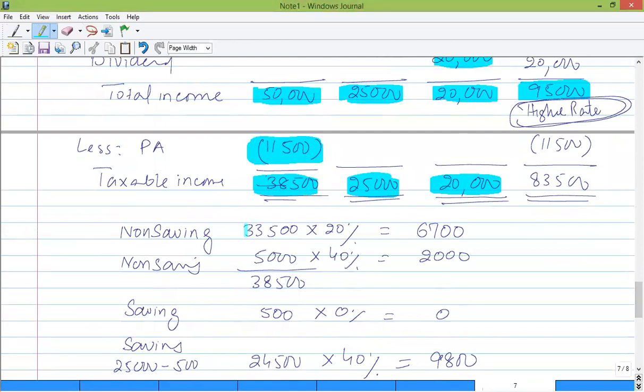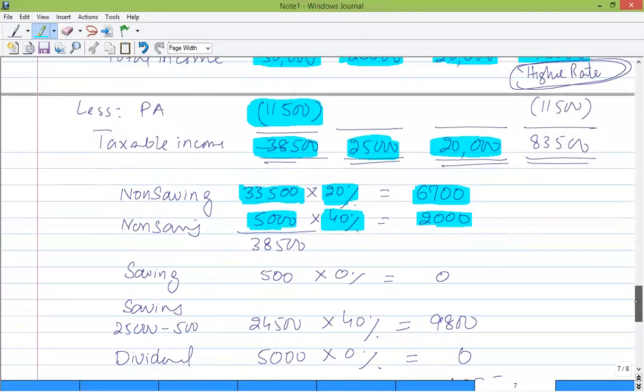First of all, 33,500 is to be taxed at 20%, which is 6,700, and the first band has been completed. Now the remaining non-saving income, which is 5,000, is to be taxed at the higher rate, that is 2,000.